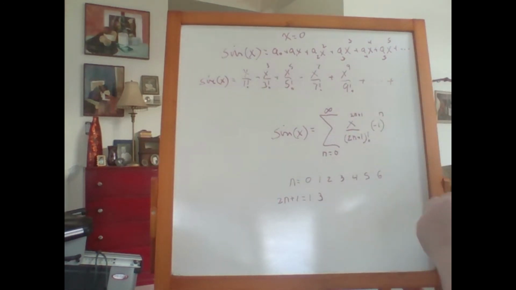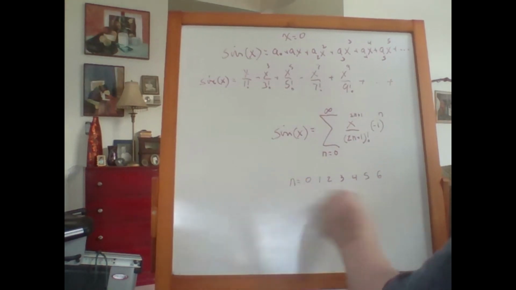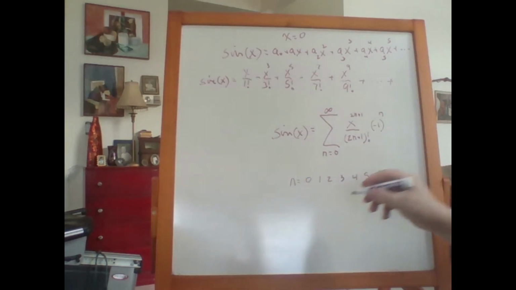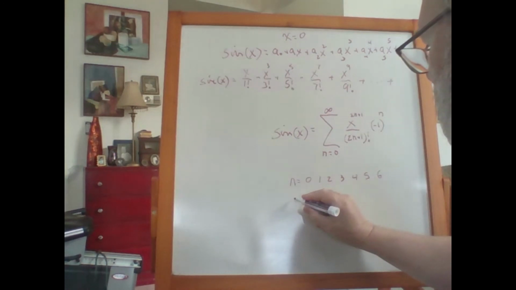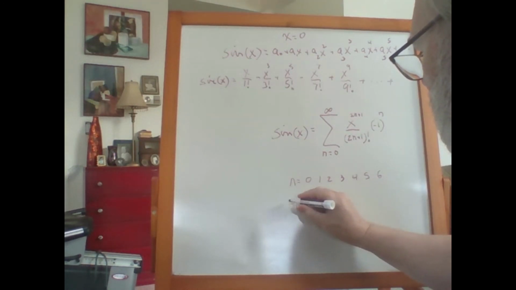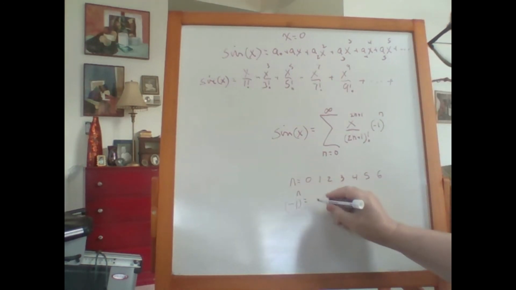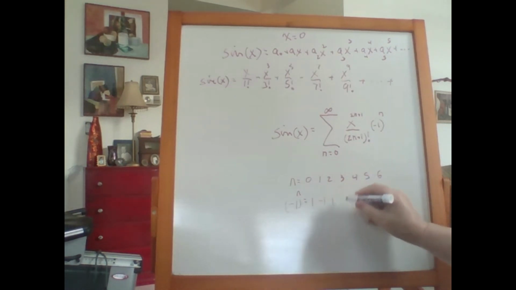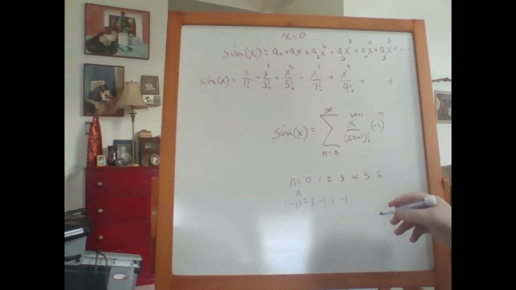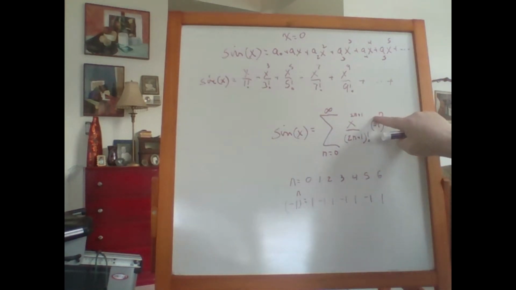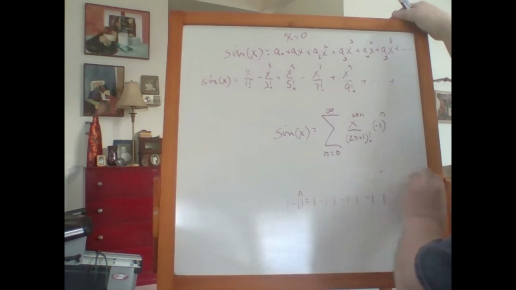Okay, so when n is 0, we got negative 1 to the n is equal to 1. 1 is minus 1, 2 is 1, 3 is minus 1, 4 is 1, 5 is minus 1, and 6 is 1. And that gives us the alternating pattern we want. So it's just simply negative 1 to the nth power.